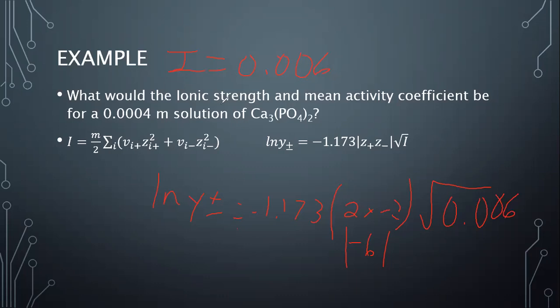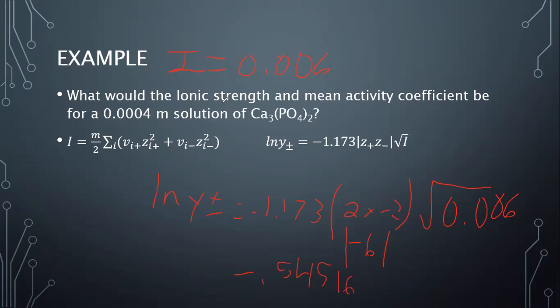So 6 times the square root of 0.006 times negative 1.173. That gives you negative, the ln of gamma is negative 0.5456.